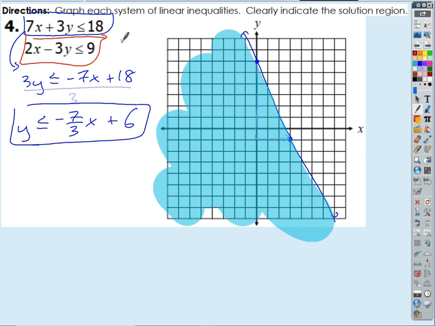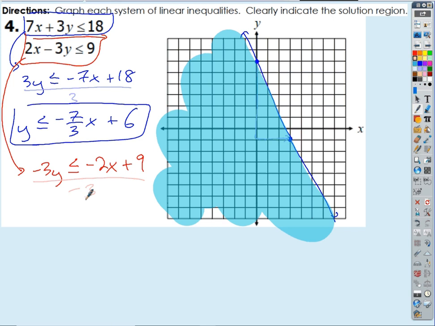What am I going to do there? Subtract 2x. First thing I'm going to do is subtract 2x. So I'm going to get negative 3y is less than or equal to negative 2x plus 9. Now what? Okay, divide by negative 3. Now, Molly, what am I going to have to remember to do if I'm dividing by a negative? Okay, true. Well, what about the inequality? Got to flip it, don't I?